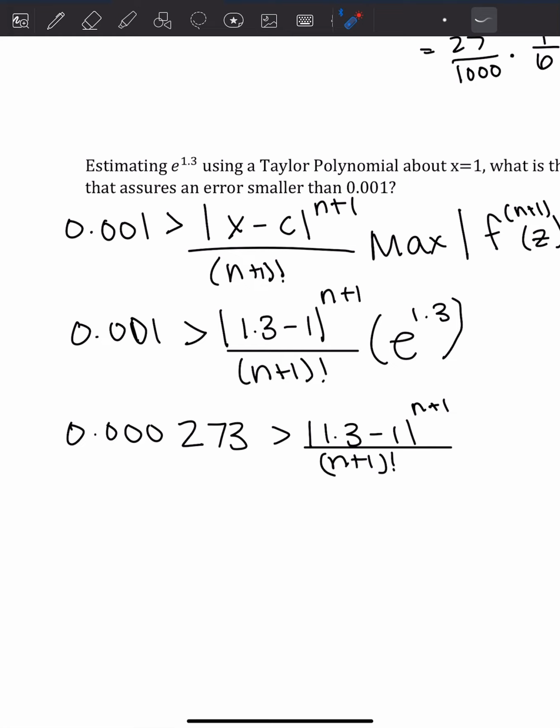Nope, just 0.027. So if I divide that value by 3 factorial, which would be 6, we're going to get 0.0045, and still not enough zeros. So the first one that I'm going to actually write down is n equals 3.